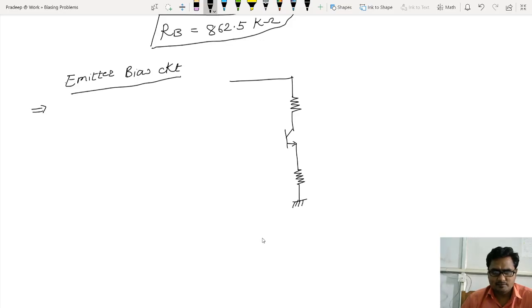The rest of the things are grounded, and I need to have one extra resistor. Not extra, it's a base resistor. So this is RC. This is plus VCC. This is RB, and this is RE. Now let me check what is given. The current flowing through the collector is given, that is 3 milliamperes.